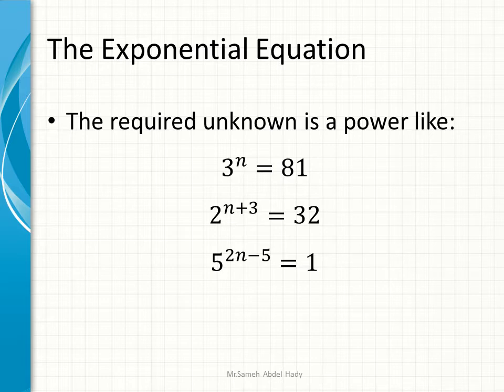Here we see 3 power n equals 81, or 2 power n plus 3 equals 32, or 5 power 2n minus 5 equals 1. In these equations, the unknown is called n. In these equations, n is the power. We see the required unknown in the power.